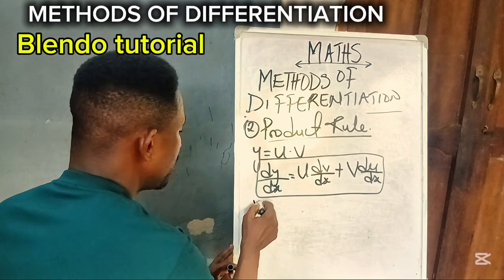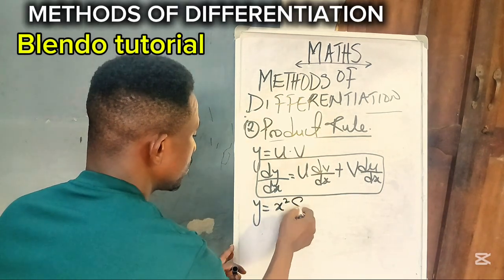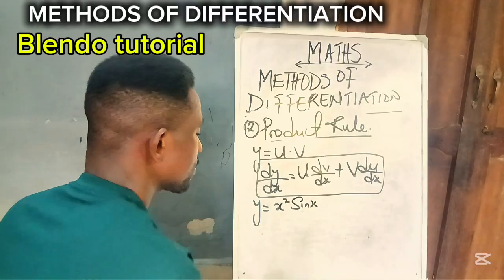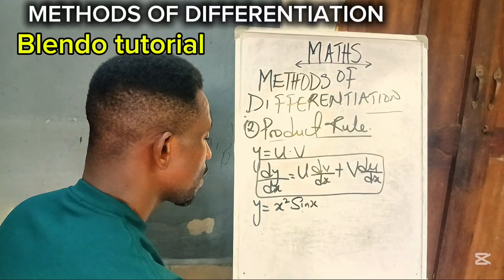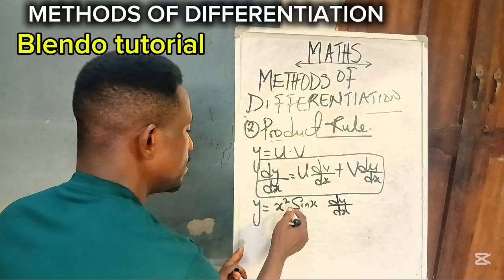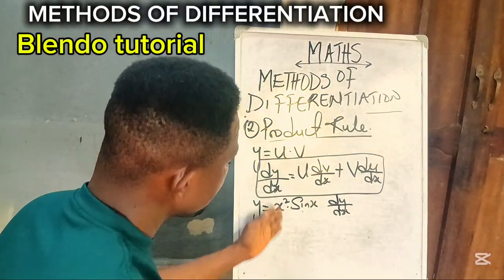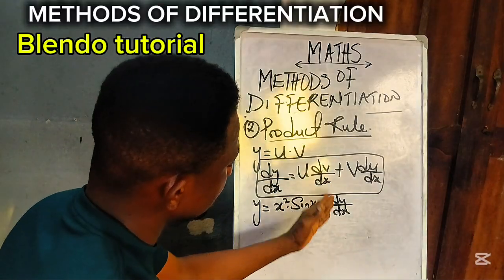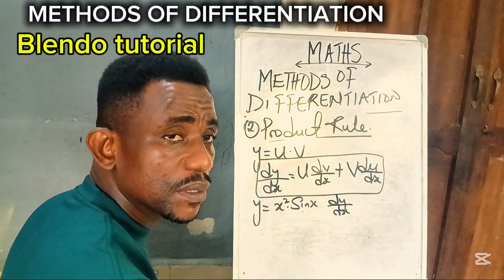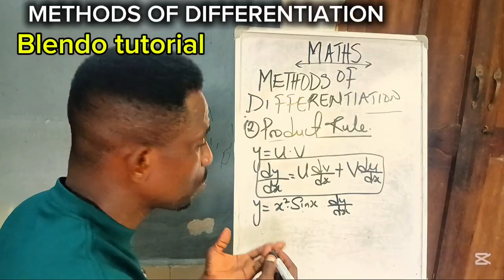Now, we pick a question, x squared sine x. When you are asked to find dy/dx, this is a product function. We have x squared, a power function, and we have sine x, a trigonometric function. So they are multiplying each other, so we need to apply product rule.